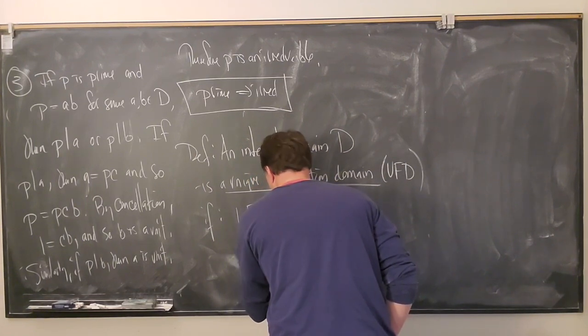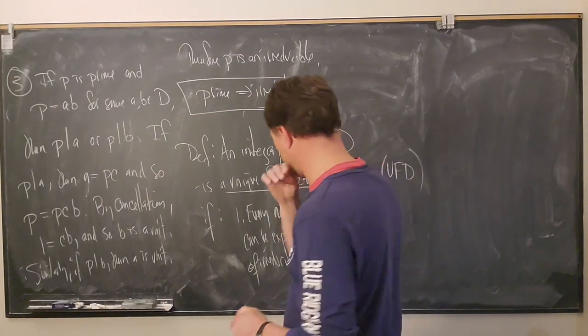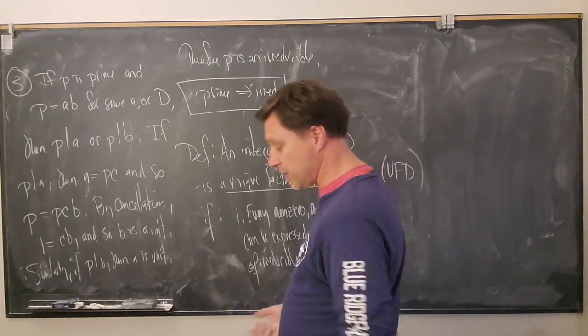So there's the existence portion, and then we need the uniqueness portion.